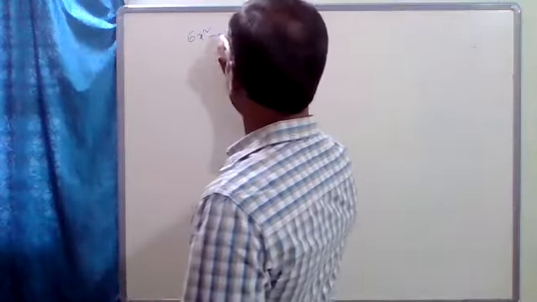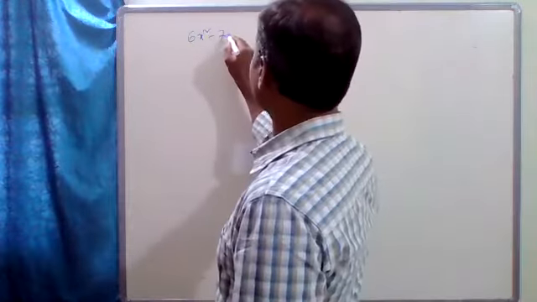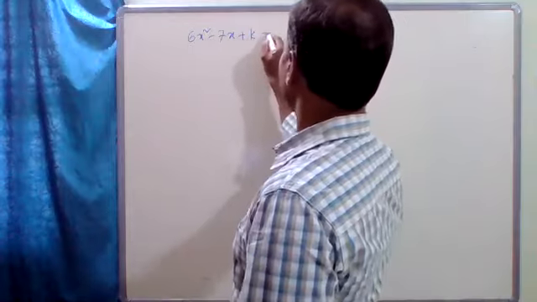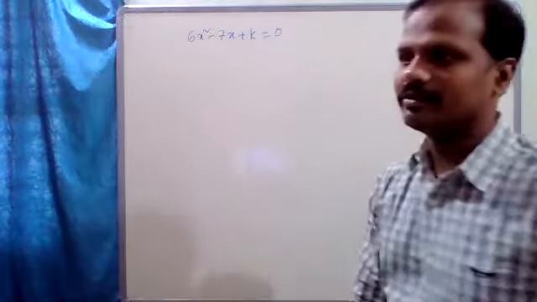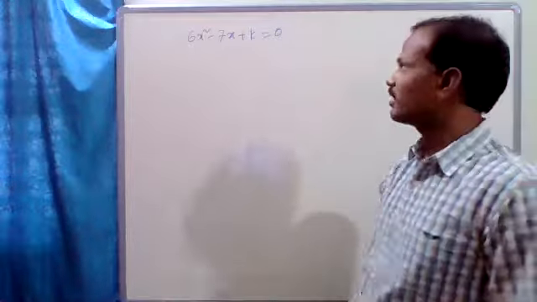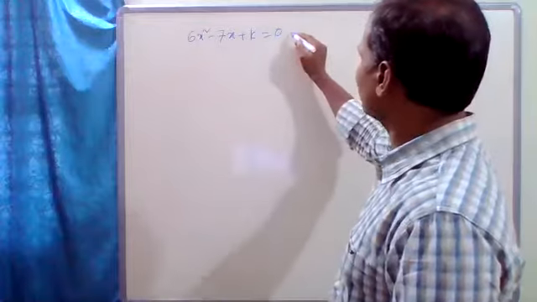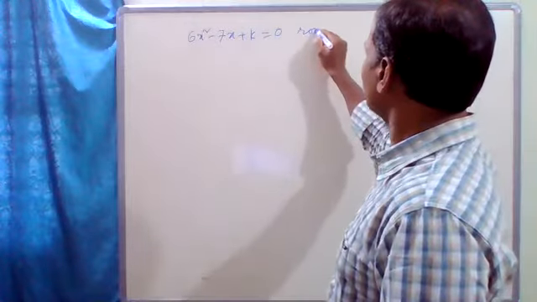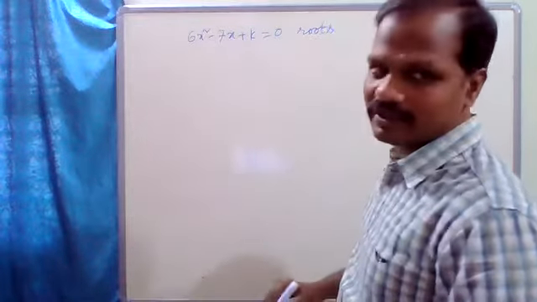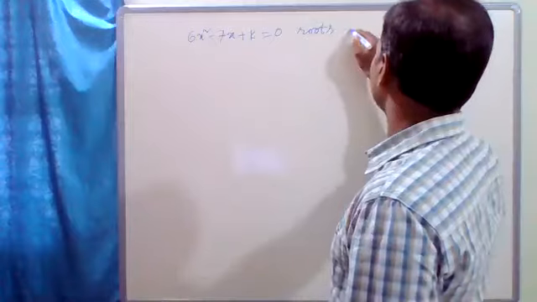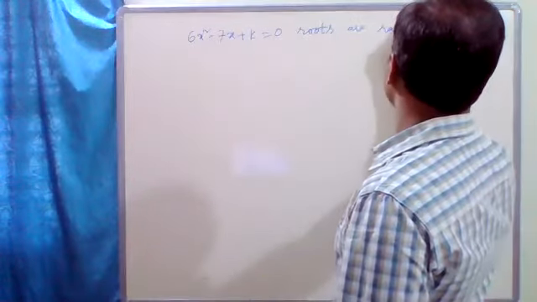6x² minus 7x plus k equal to 0. The roots of this quadratic equation are rational.